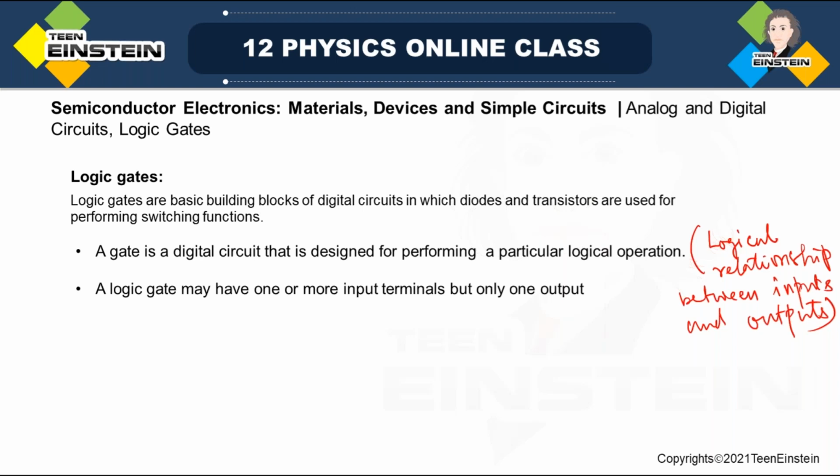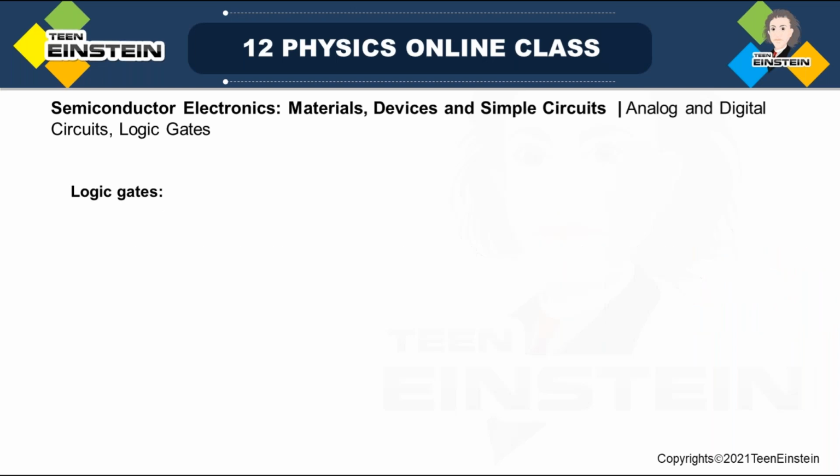Now let us see how many logic gates are there, what are those logic gates, and we'll try to learn those logic gates properly.